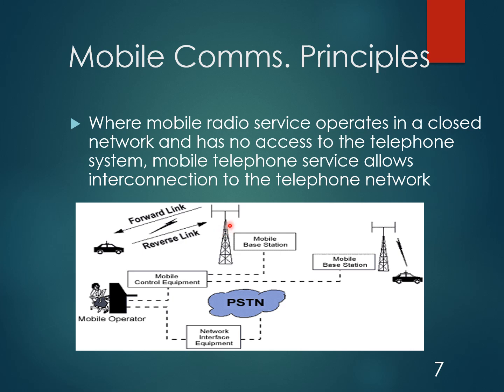This base station is connected to the mobile control equipment, and if the receiver is at another mobile station, it is linked to its own base station. Both stations are connected via the mobile switching unit.